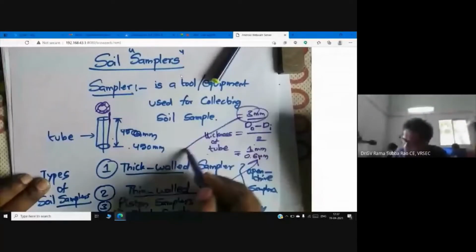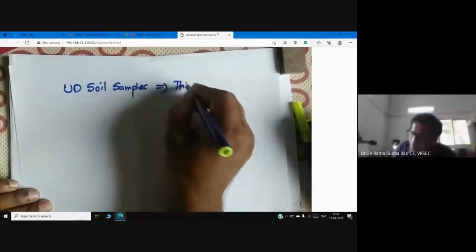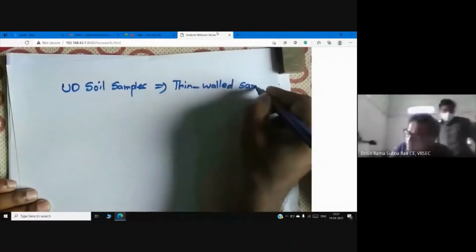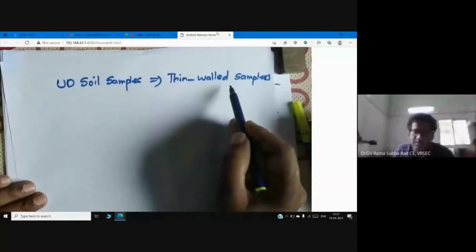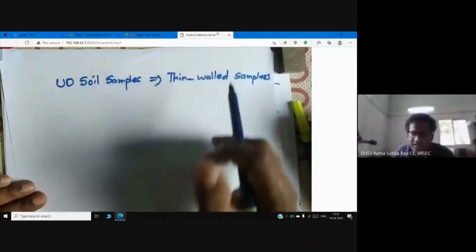So if you see here, I want UD soil samples. You need to use thin-walled samplers. Especially if you use a piston sampler, you know, it is gradually inserting sampler into the ground with the piston.